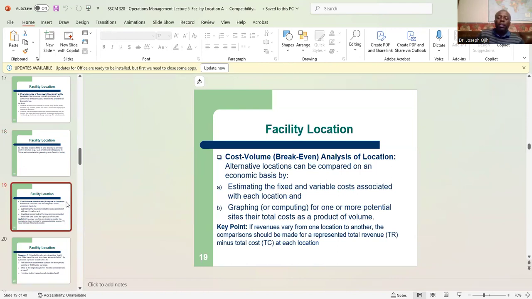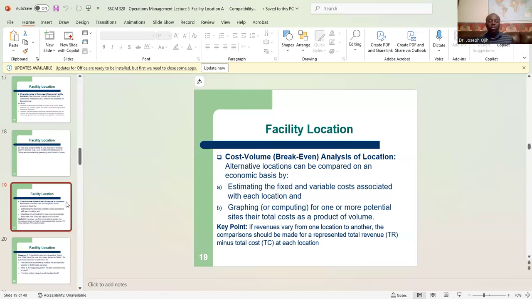So let's look at one method we can use for deciding where to locate our business. The one we're going to look at is cost-volume analysis, which is break-even analysis. We're going to do an example. What we do in cost-volume analysis when it comes to location is estimate the fixed and variable cost associated with each location.